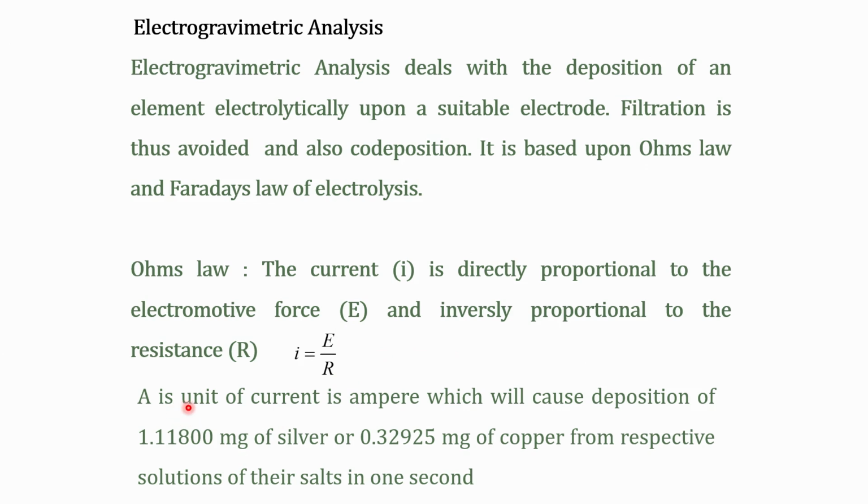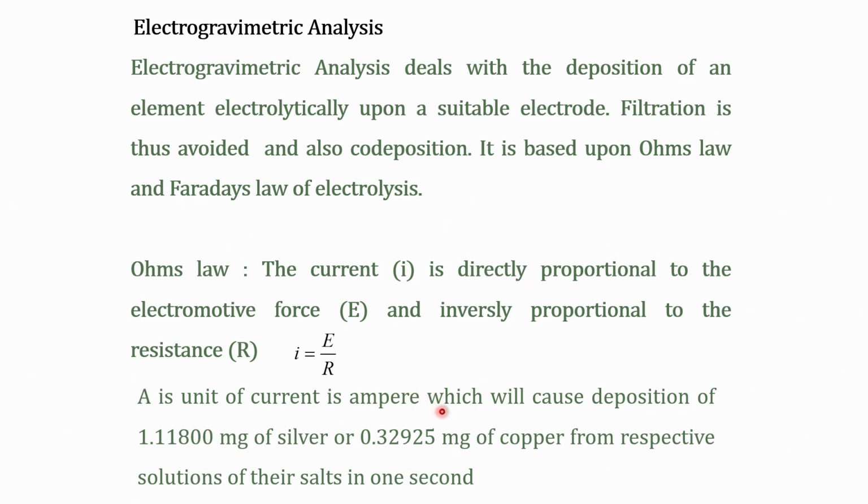A is the unit of current, in amperes. A is the symbol for amperes. What is 1 ampere? We are going to define the ampere now.